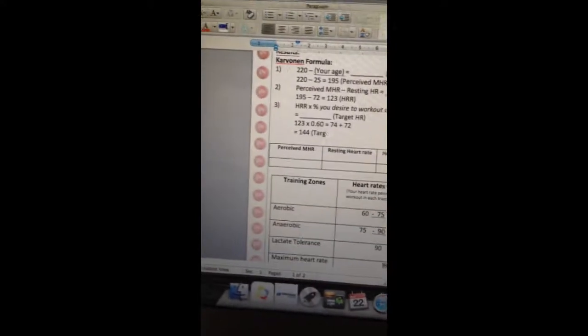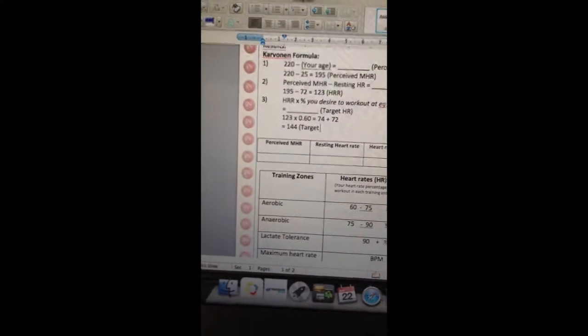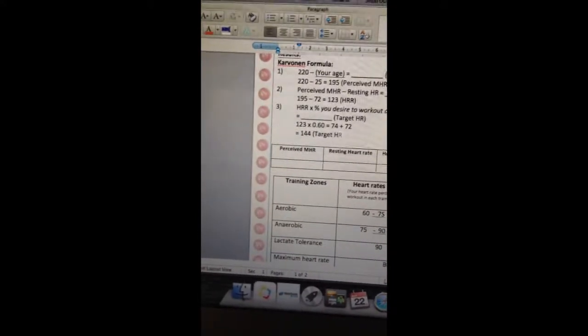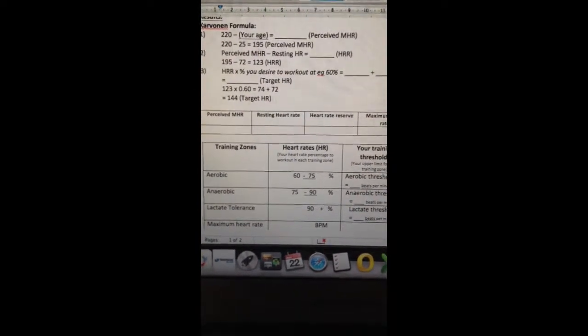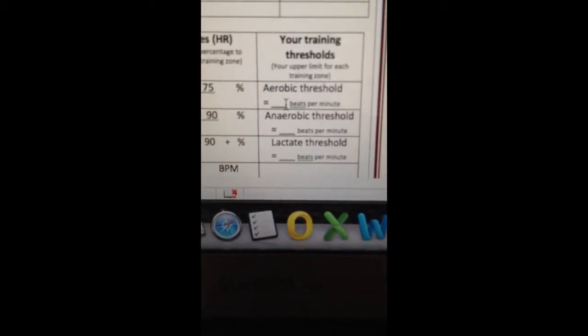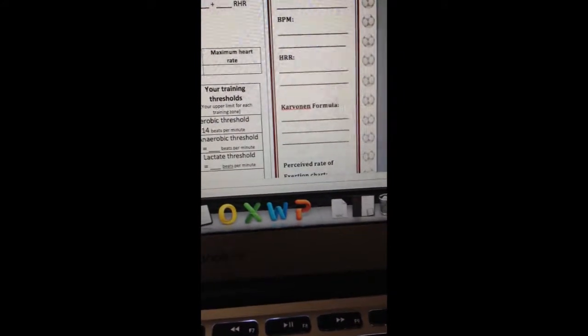So your target heart rate, if you're working at 60%, which is aerobic training, for me is 144. So my target heart rate for aerobic training is 144. What you need to do down here is take that away and write 144. Okay, so you've done your first one.